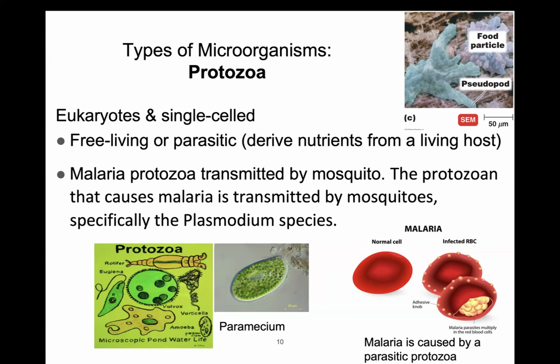An example of a protozoa that is a pathogen is one called Plasmodium, which we will learn about in class. If you have heard of malaria, malaria is a disease that affects people worldwide. It's a disease that affects red blood cells and over time causes malaria and a lot of other medical issues. That is caused by a protozoa.